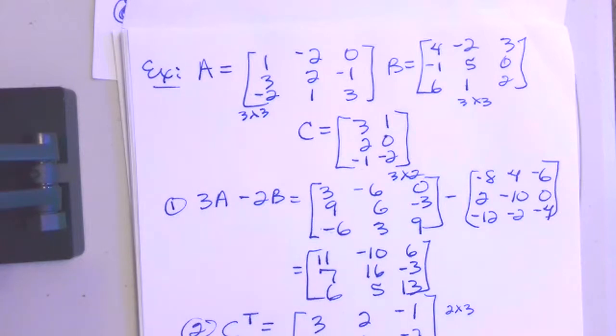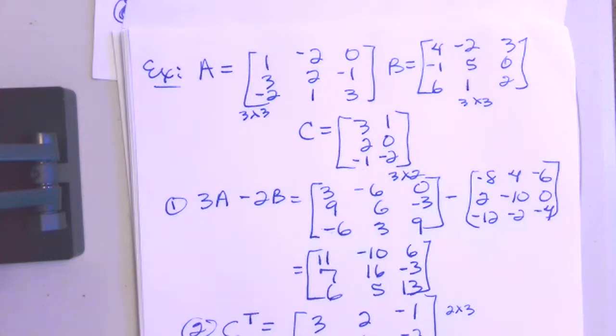That's what that formula that I wrote down before says. So this is 3 times 1, plus minus 2 times 2, and then 0 times 1, so that's 3 minus 4, and 0, that's minus 1.